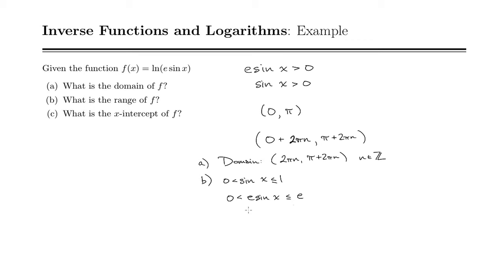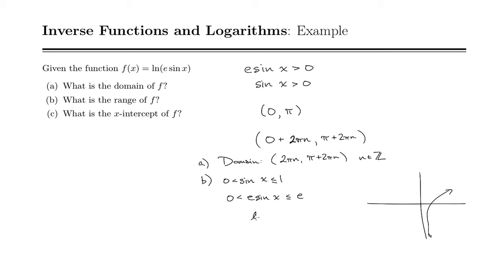And now we think about the natural log of numbers between 0 and e. Now, the natural log, we can never plug in 0. However, if we think about our graph of the natural log, we have this asymptote at 0. And so for the numbers bigger than 0, we could get anything down to negative infinity.